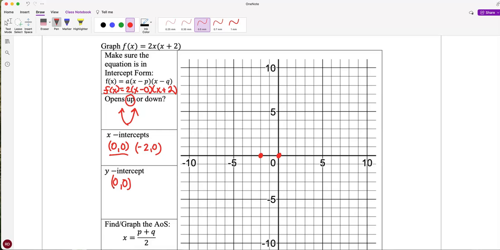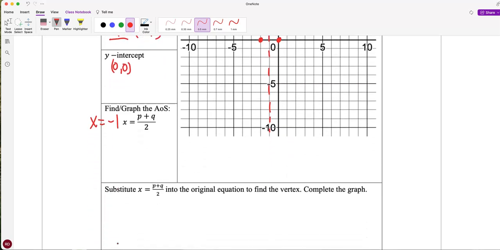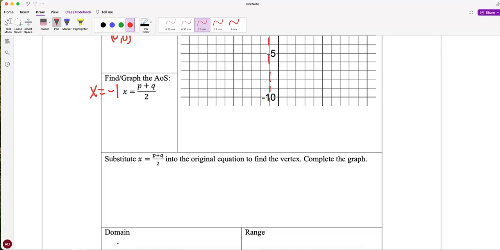The axis of symmetry is the line that is halfway between these 2 points. So that is x equal -1. To find the vertex, I know the vertex has an x value of -1. So I just need to substitute that x value into the original. What was it?